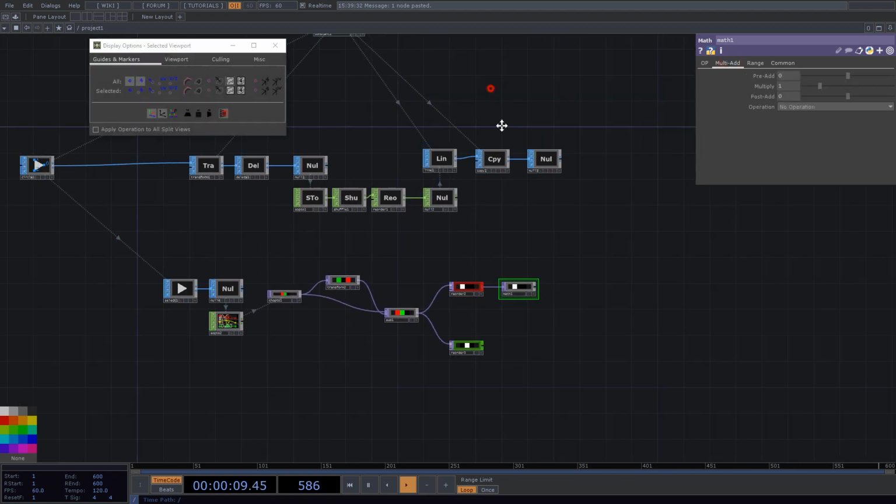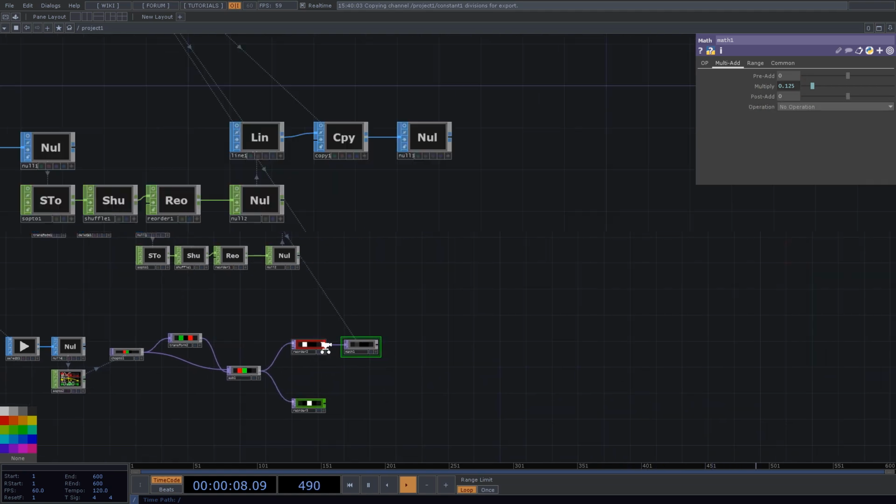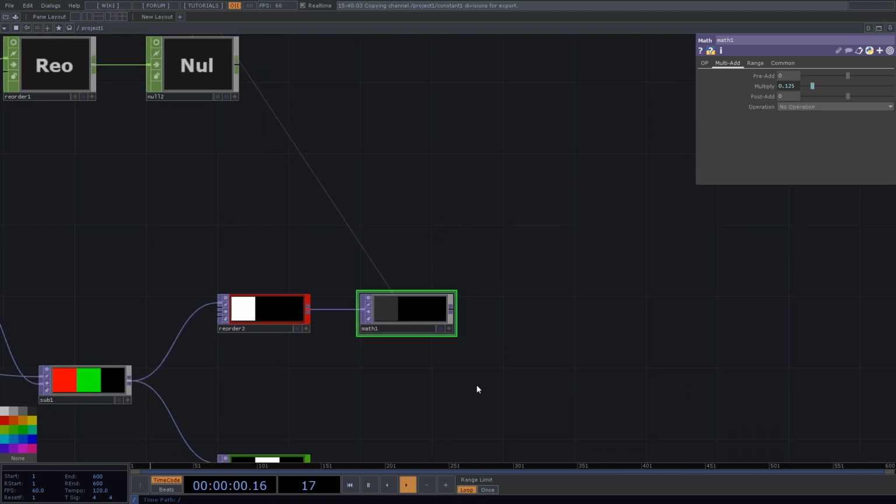And here I multiply by 1 divided by divisions. Then I would like to have a texture in a particular resolution, where the columns will be divisions and the rows will be corners.